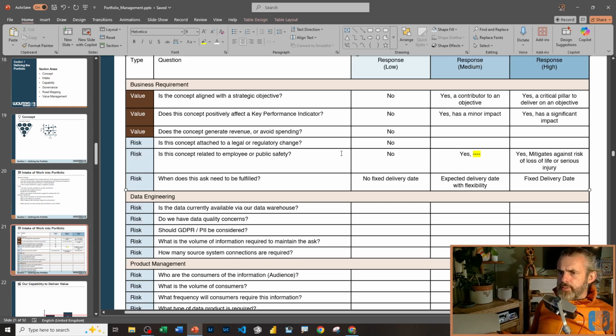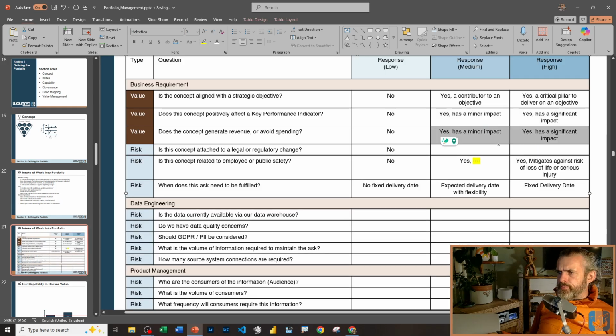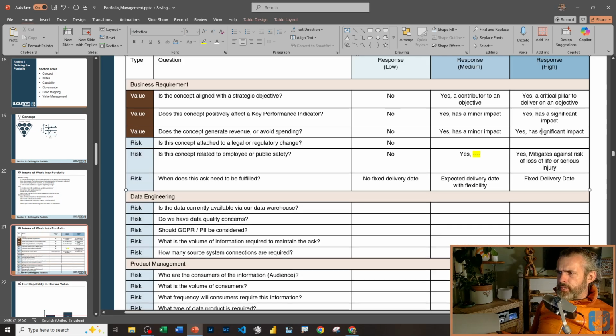Does the concept generate revenue? I think we can have the same responses here. Let's get this to fit on one line. Significant impact. Has minor impact, has a significant impact. Is the concept related to legal or regulatory change? So then, for this one, yes.